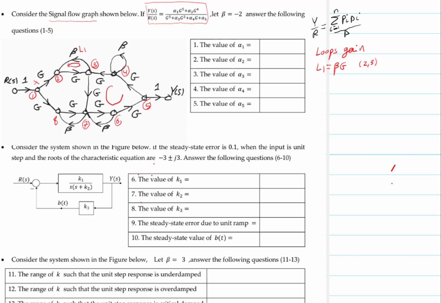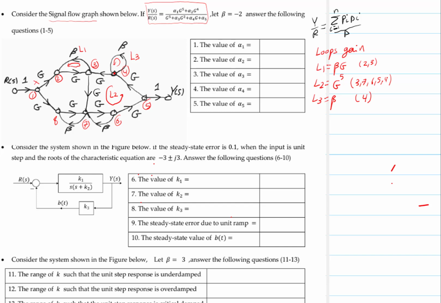Let's check node number 3. We have this loop, so this will be L2, which has a gain of G to the power 5, passing through 3, 7, 6, 5, and 4. No more loops. Let's go to node number 4. I have the following loop, so this will be L3. Here L3 will equal beta, which is only associated with node number 4.